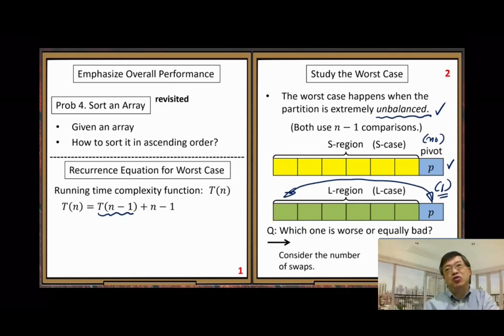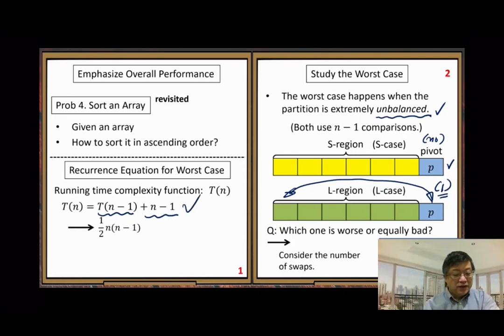T of n minus 1. That's the problem size you need to solve, all right? Then, when you do one partition, you need to do n minus 1 comparisons. So you need to add it. Yeah. So you get this recurrence relation, all right?